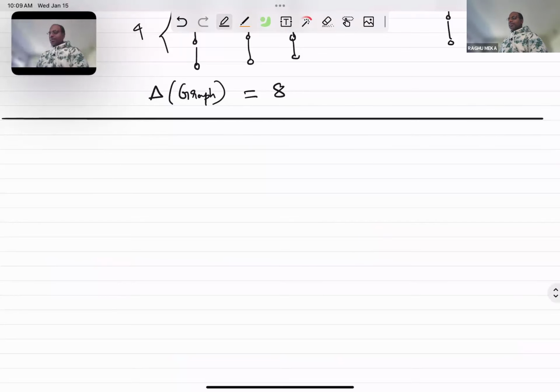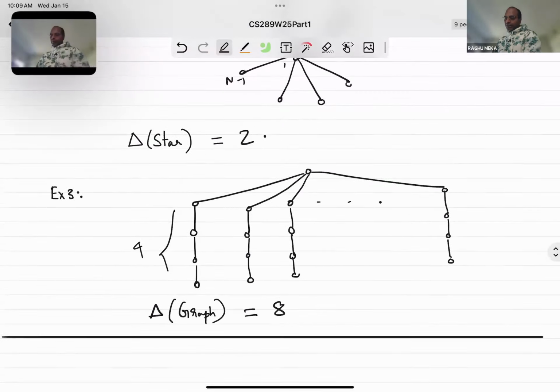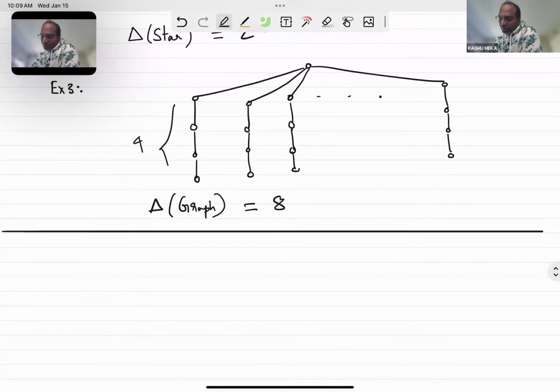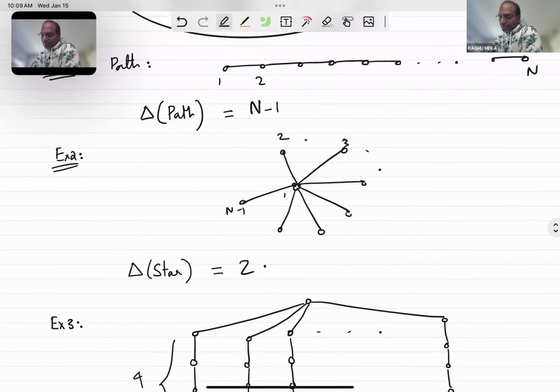So why is this extra connectivity in the form of diameter helpful? So why do we expect it to be somewhat useful for us? Okay, let's talk about that. Okay, and so maybe one way to think about this is to look at examples again.